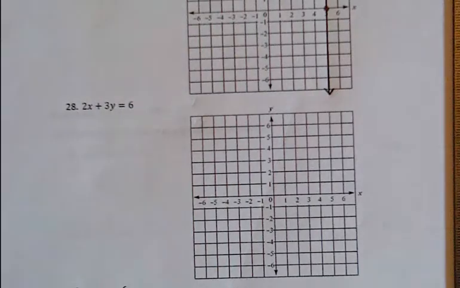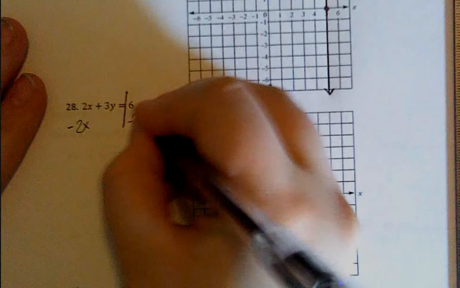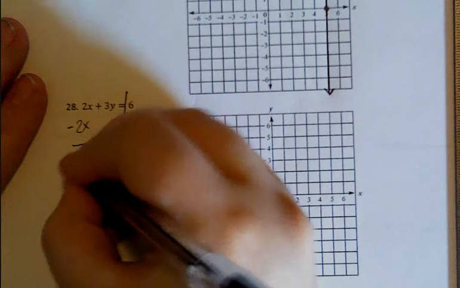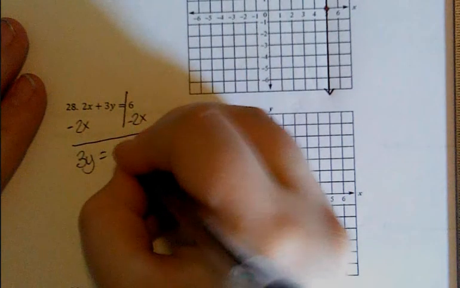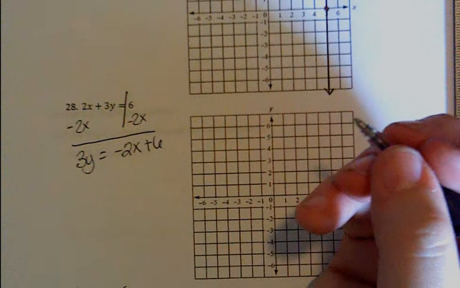Now on problem number 28, I need to first put my equation in that y equals mx plus b form. So I'm going to subtract 2x from both sides to get 3y equals negative 2x plus 6. And then I need to get that y by itself.